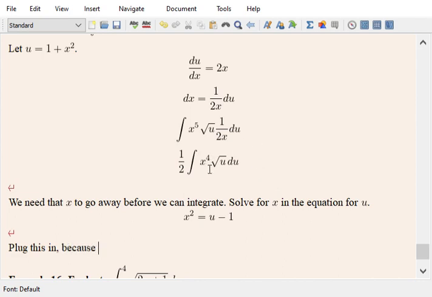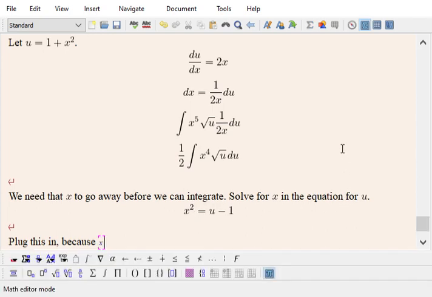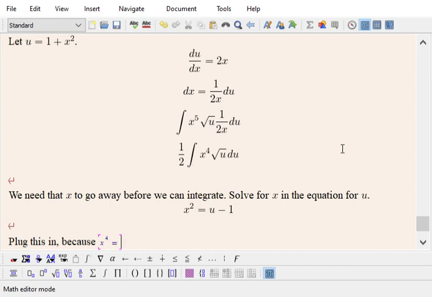Indeed, here we have x to the power 4. Well, x to the power 4 is just x squared squared. So x squared squared is going to be this squared.